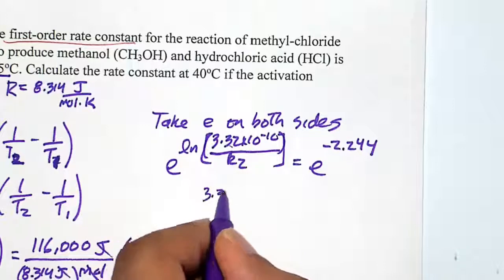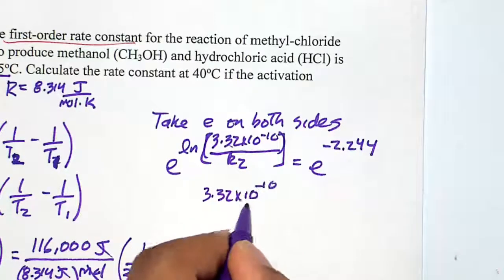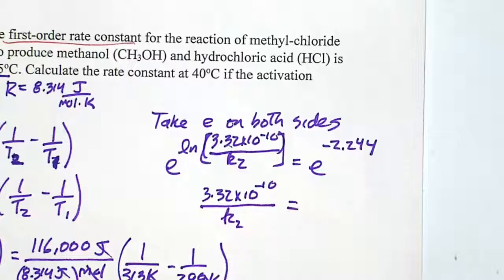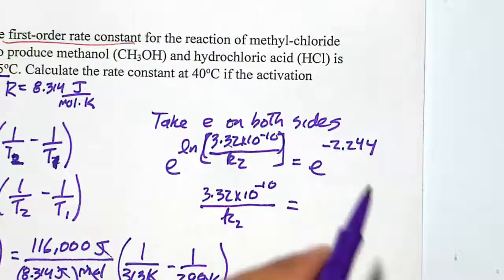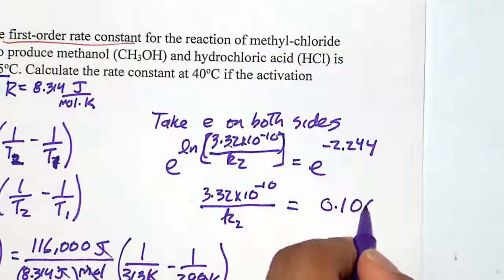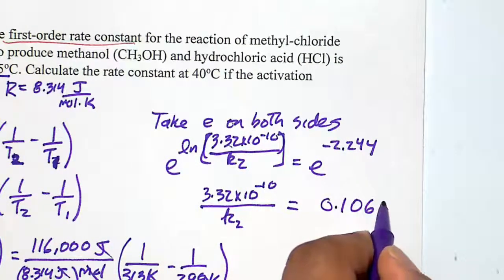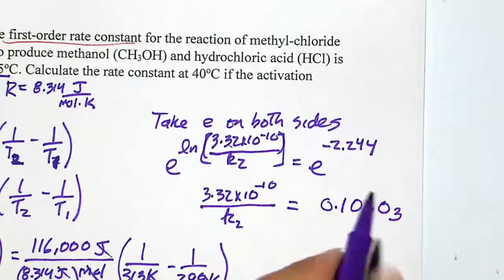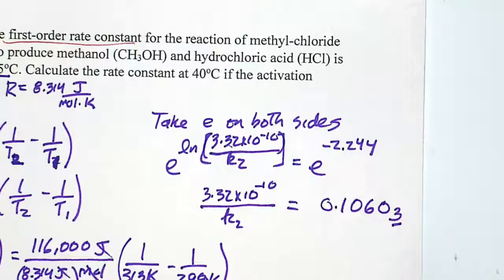So 3.32 times 10 to the minus 10 over K2 has to equal this. On my calculator, when I take e to the minus 2.244, I get 0.10603. I'll carry that so that I can get a little bit of extra accuracy in my calculation.